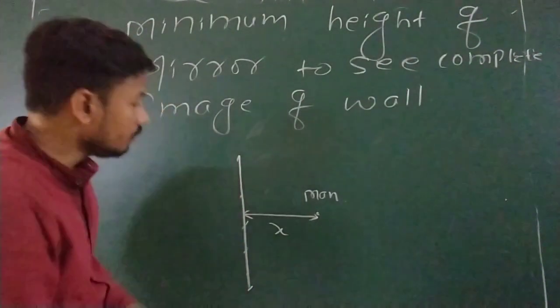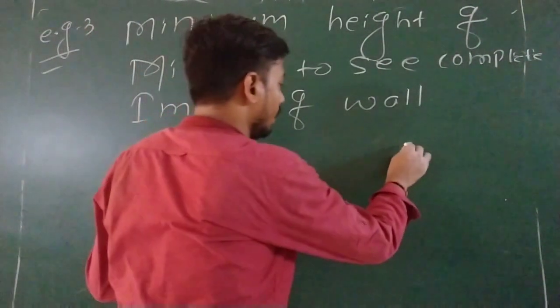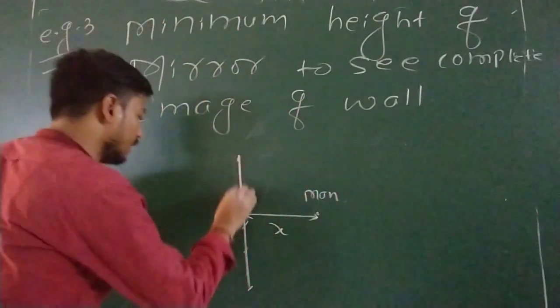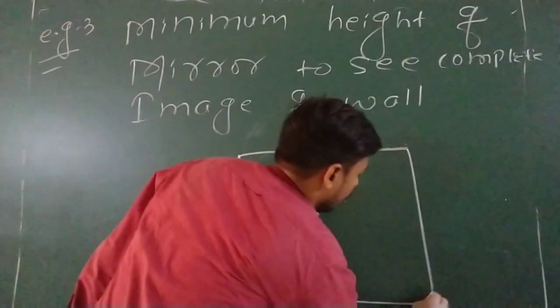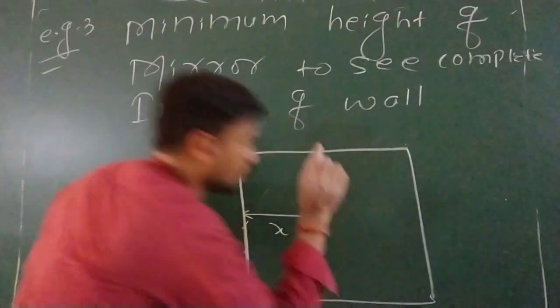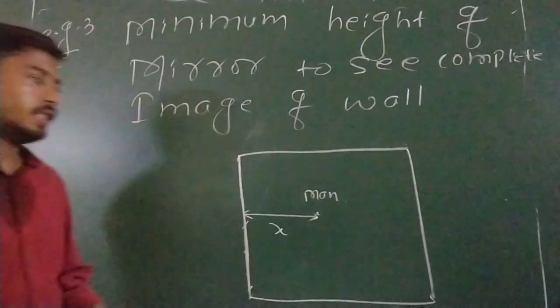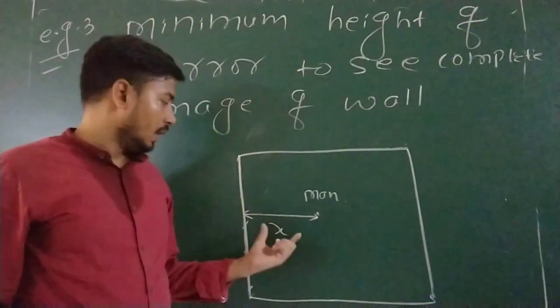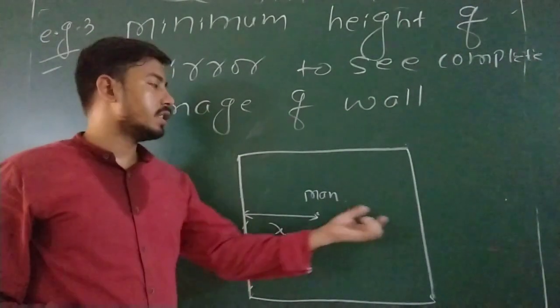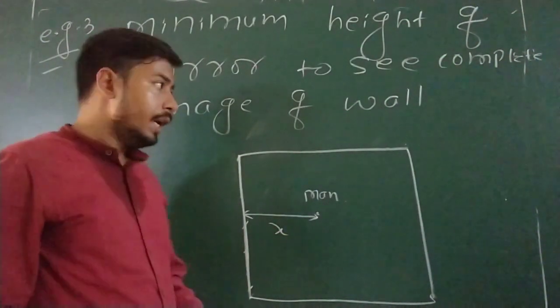Just erase this. And here is another wall. Completely, this is one kind of room. So this total distance is 2x. Assume that this total distance is 2x and you are standing here at the center of the room. This distance is x, so this is also x.